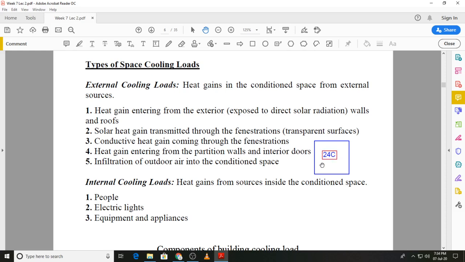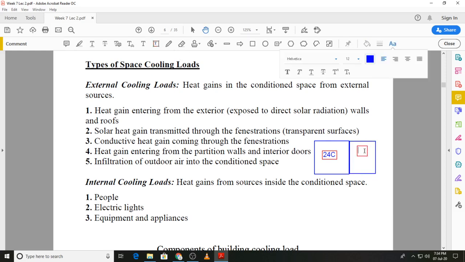And next to this conditioned space, we have another room, but this room is not conditioned and it is at a higher temperature.